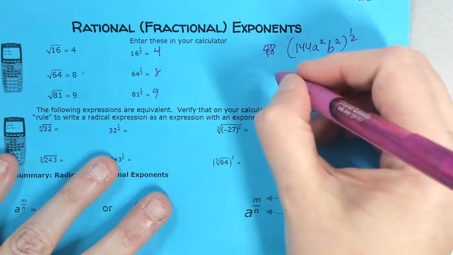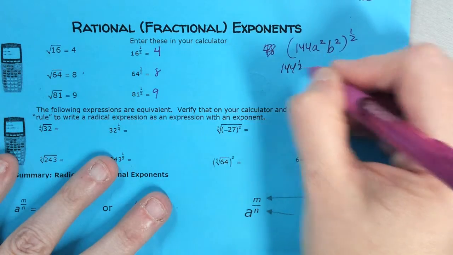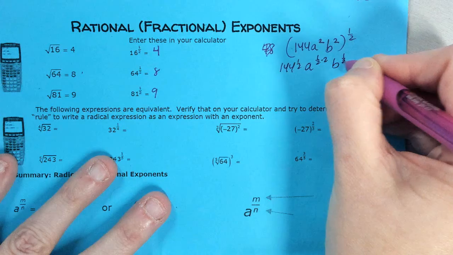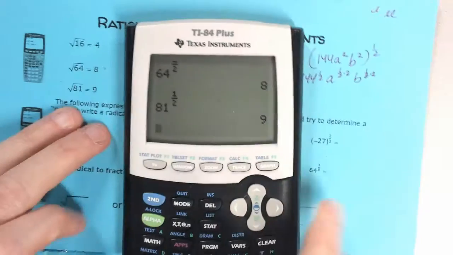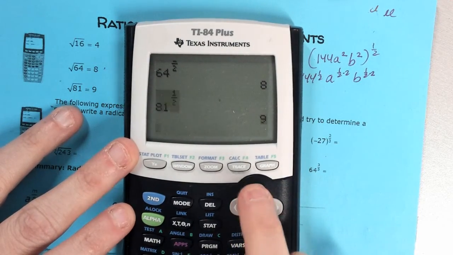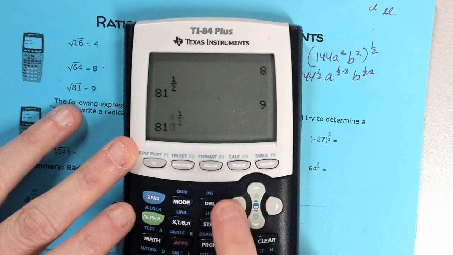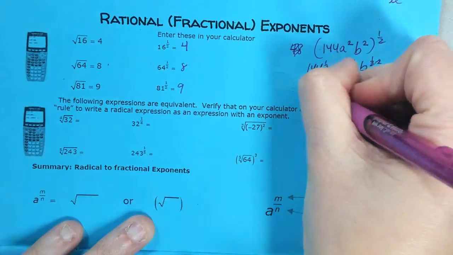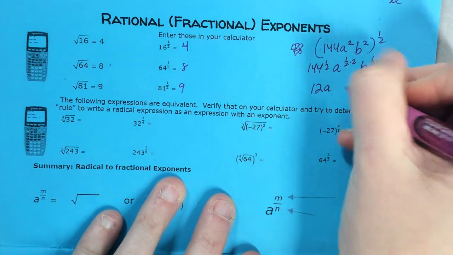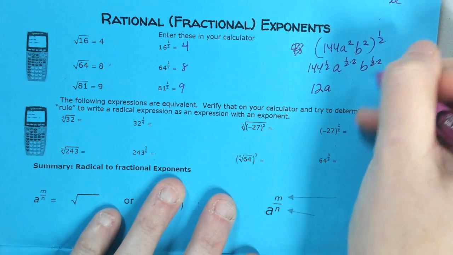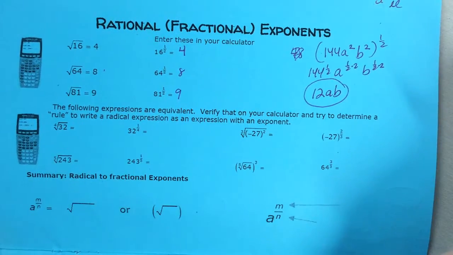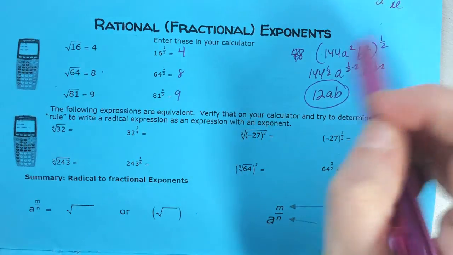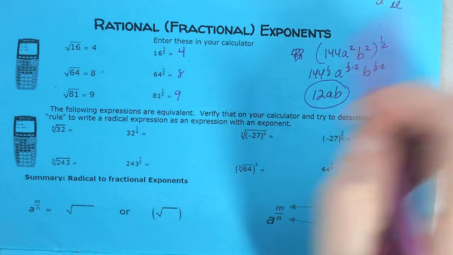Well, I would say 144 to the 1/2 power, a to the 1/2 times 2, b to the 1/2 times 2. So 144 to the 1/2 power, and I would get 12. A to the 2 times 1/2 is just 1. B to the 2 times 1/2 is 1, and it simplifies like that, okay? So even if we see a half exponent, if we can, we try to distribute.